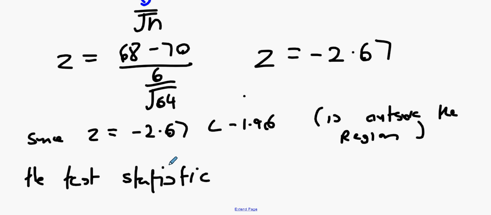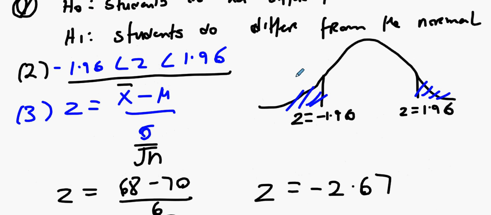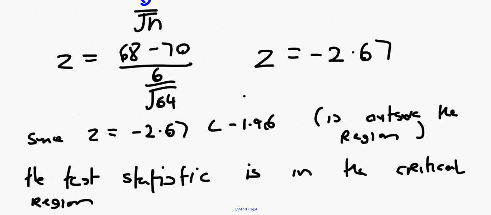The Z value. The test statistic is in the critical region. What do I mean by critical region? Anybody? The 2.5% at the start or the 2.5% at the end. Does that make sense? It's in one of those regions. Okay? So since it's in the critical region, we reject the null hypothesis.